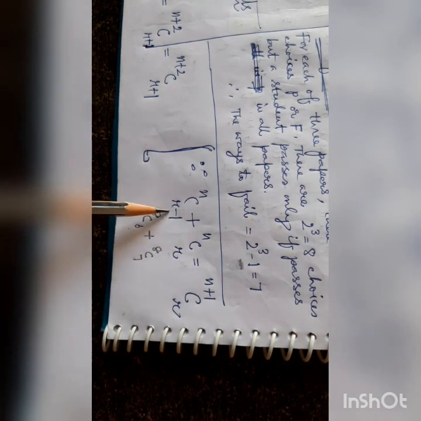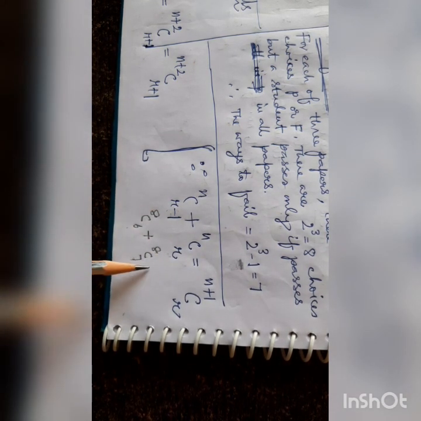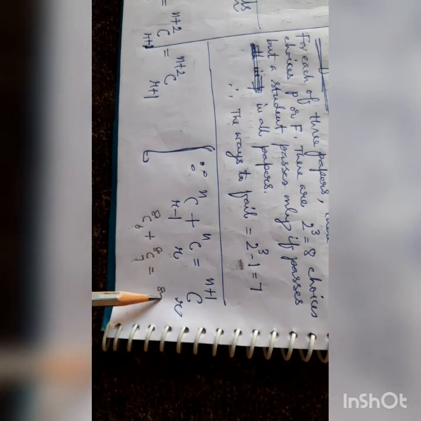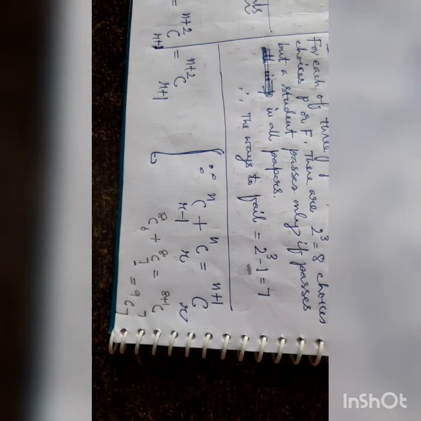This is 6, this is 7, and 8 is common. You add 8 plus 1, C, and the highest is 7. So what is this? 9C7. This you have to remember. On the basis of the application of this formula only, the question once was given.